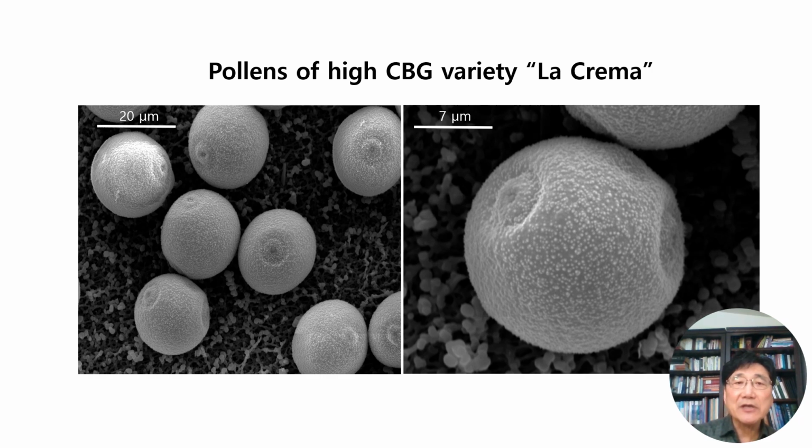These photos show cannabis pollen taken by a scanning electron microscope at CSU Pueblo. It's a round-shaped structure with 3 apertures.